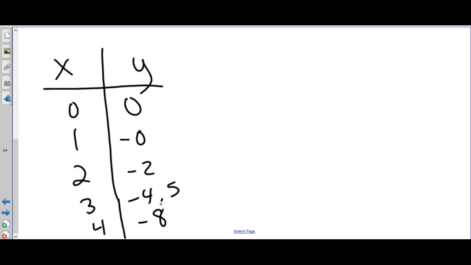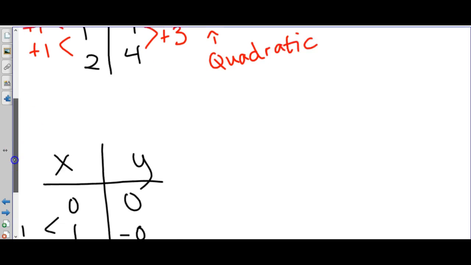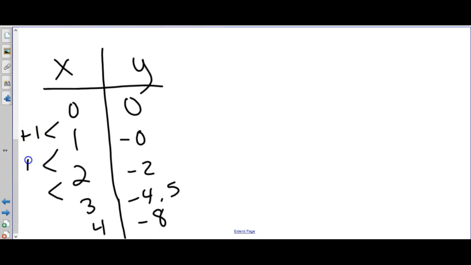We're not only going to decide if it's going to be quadratic, linear or exponential, we're also going to write the equation for it. So these should be going up by the same amount every time. We're going up by 1 every time.